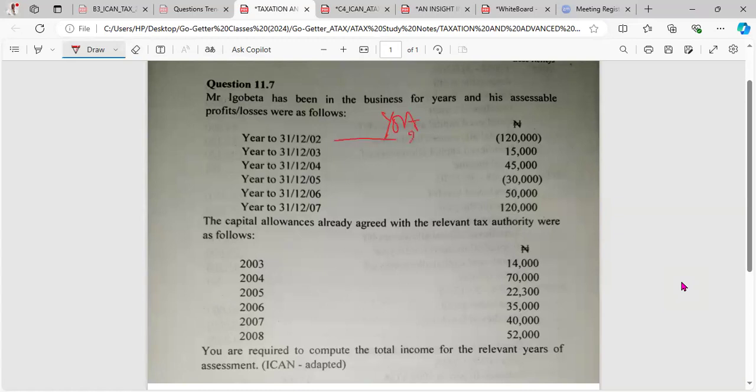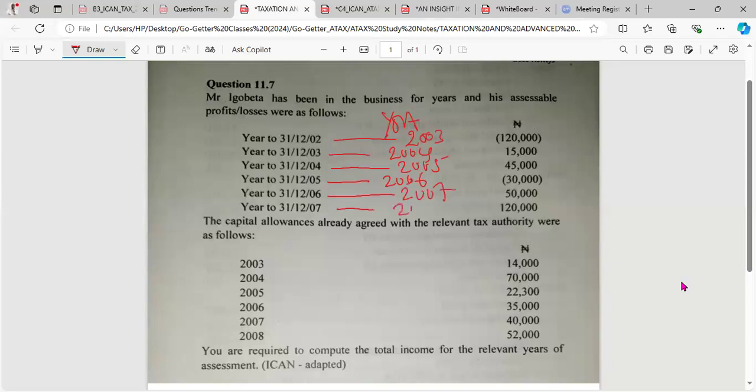This should be 2003. This should be 2004. This should be 2005. This should be 2006. This should be 2007.